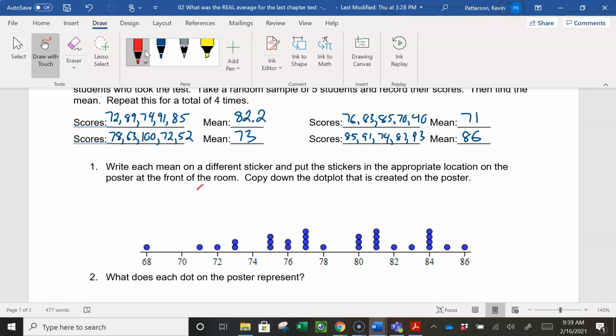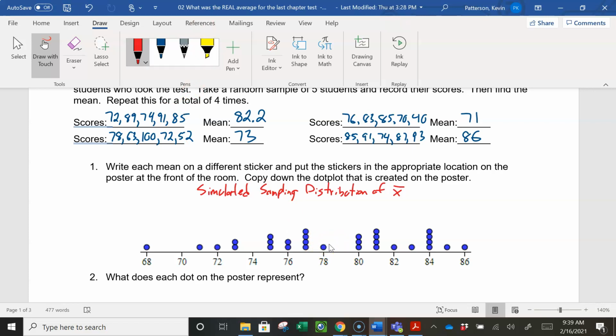Now I'm actually going to take it even a step further. I'm going to call it a simulated sampling distribution of X bar. Okay, which I know you guys don't have this dot plot on your paper.